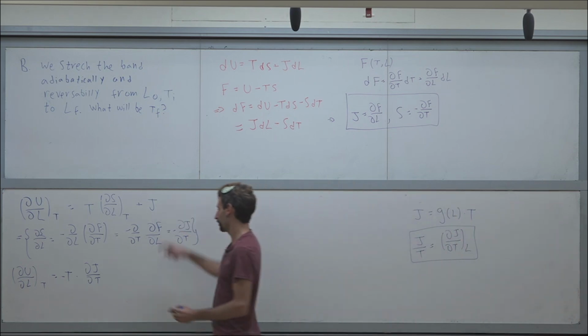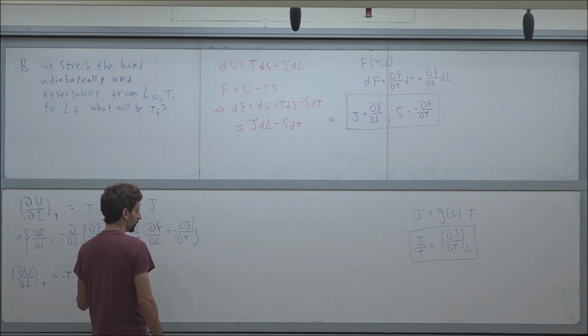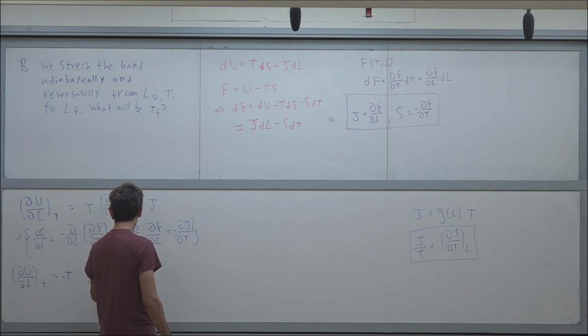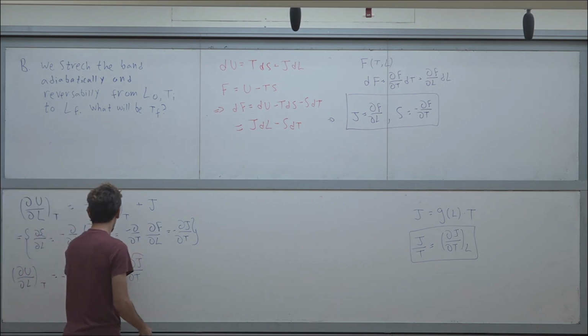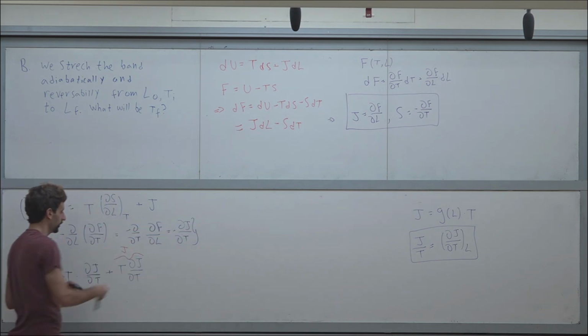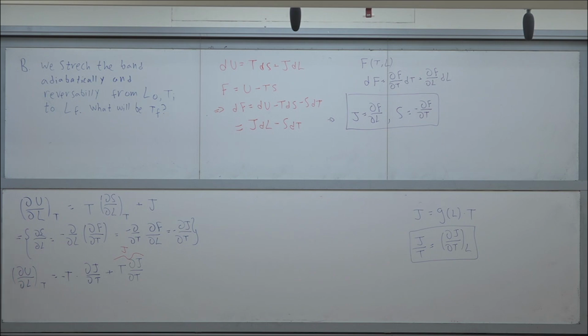So we can say plus T ∂J over ∂T. Okay, this is J, as we can see there, and it's equal to 0.